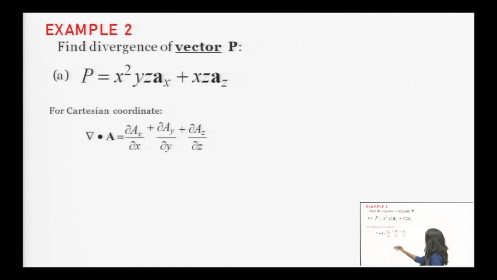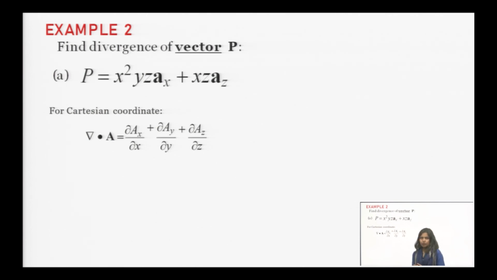As x y z is given here, it shows that it is given in Cartesian coordinates, so we need to apply the formula for Cartesian coordinates only. The formula for divergence in Cartesian coordinates will appear as this, meaning we need to differentiate every coefficient with the corresponding component.